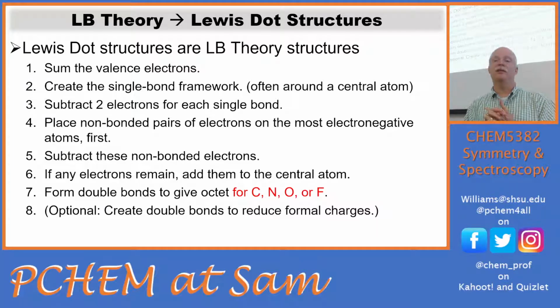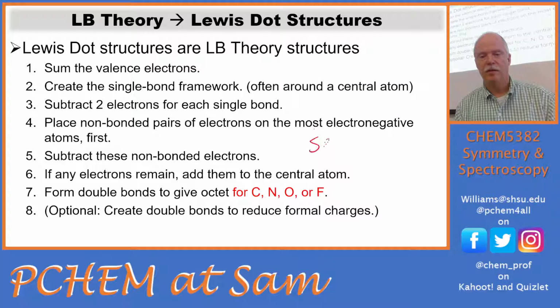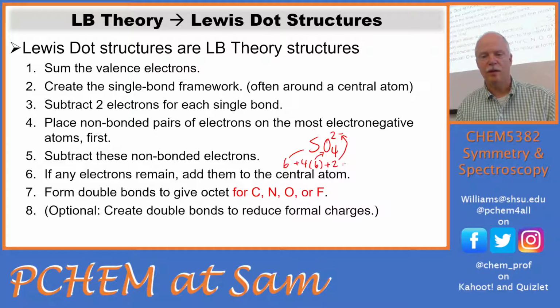So like in sulfate, SO4 2-. Okay, so we have 6 electrons for the sulfur, plus 4 times 6 for the oxygen, plus 2 for the negative charge. Okay, so that's 24, that's 30, 32.